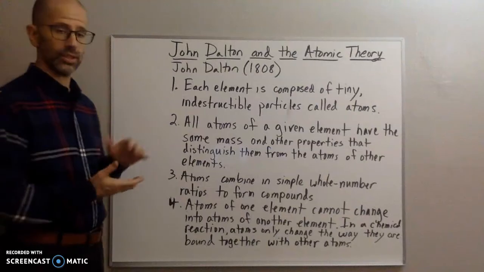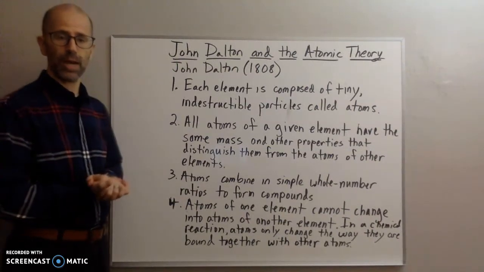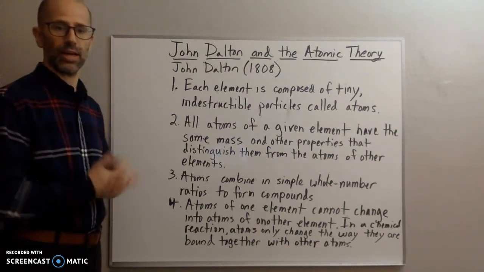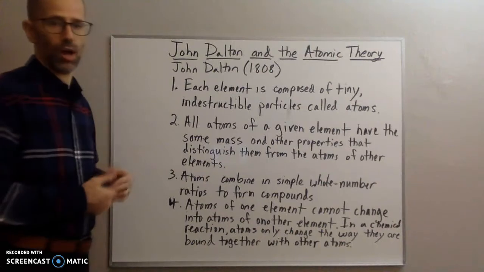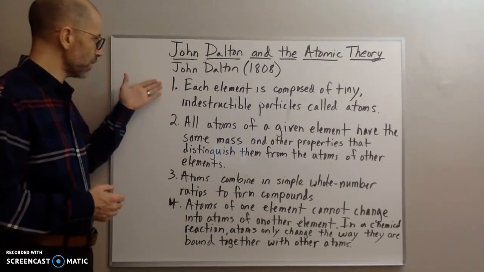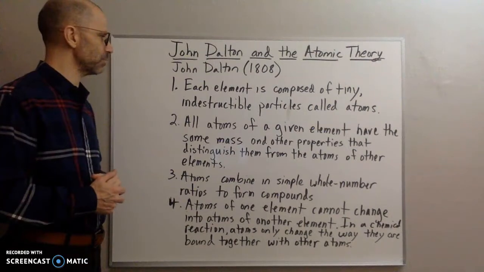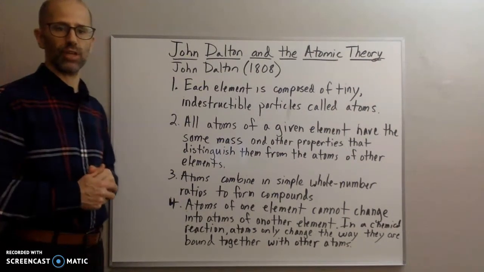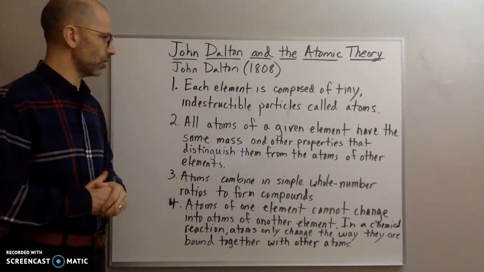And so John Dalton came up with these four postulates in his atomic theory that is consistent with all those laws. So the first postulate is that each element is composed of tiny, indestructible particles called atoms.